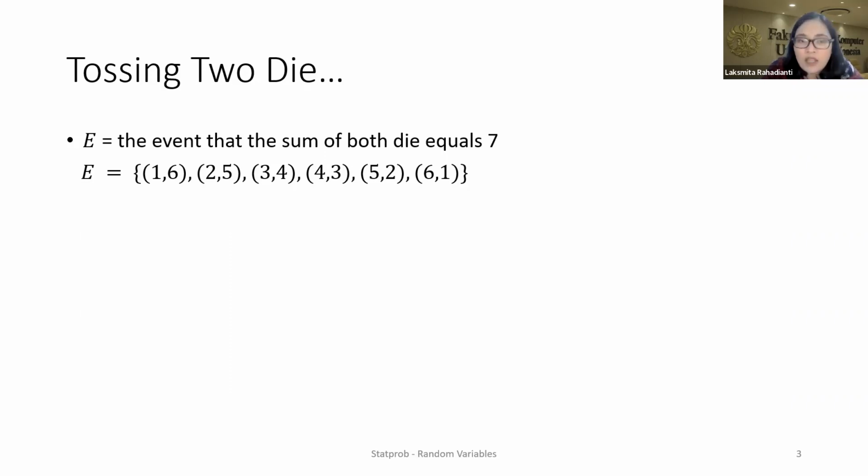It's still not that difficult for me to write down what possible outcomes can come up when I need to consider the sum of both dice equals 7. In this case, I know that it's 1 and 6, 2 and 5, 3 and 4, and so on. So these are the possible outcomes that fulfill my event E.